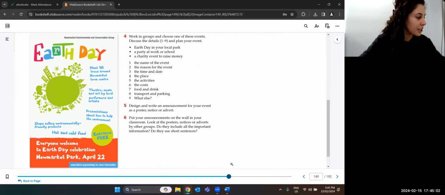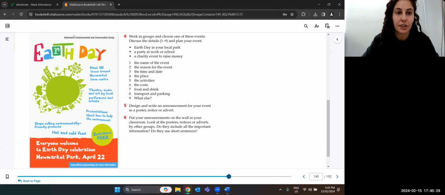So let's answer some questions. It says, who is organizing the event? So who are the people that are doing this event? We need to know, because it just looks more professional if we know where it's from. It could be a company, or a group of people, or you could put your name. It could be anyone, a library, like I said, a cafe.